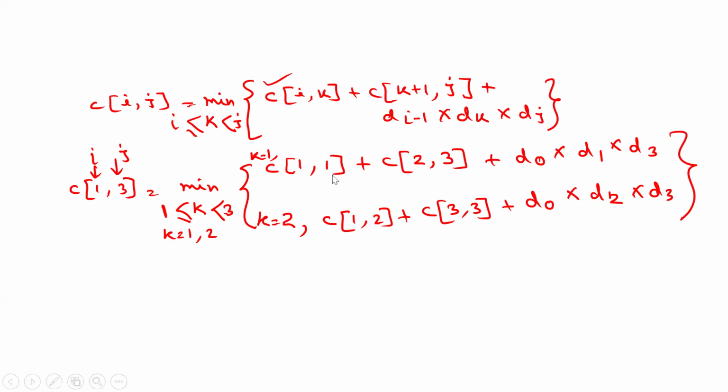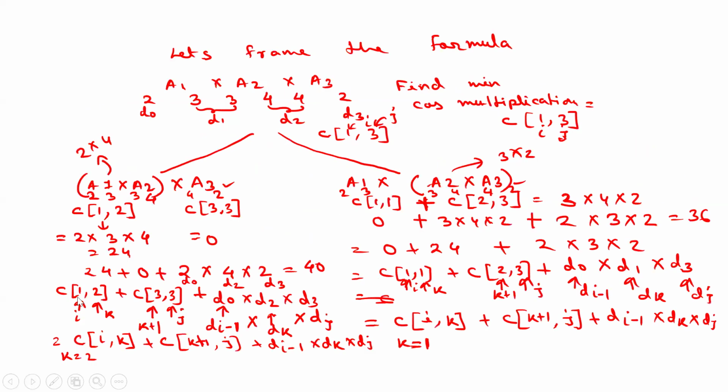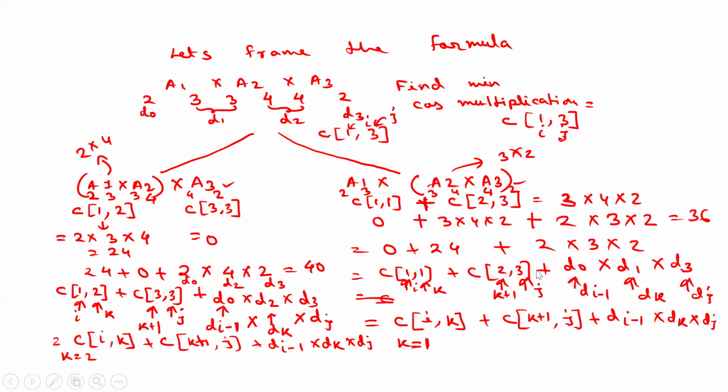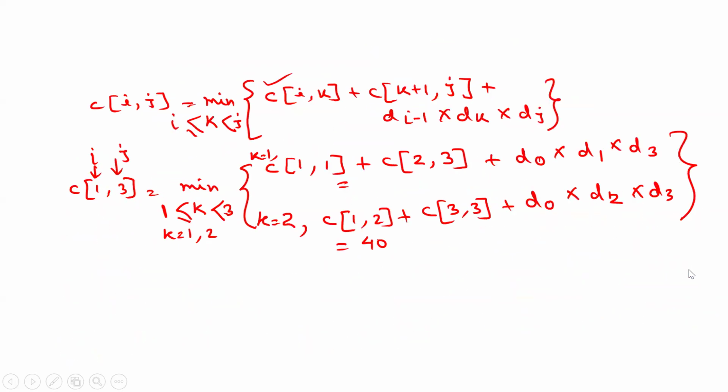Just check the formula, same. For k equals 2 the value is 40 for this example. In that case, C11 plus C23 with D0, D1, D3, the value will be 36. Which one is the minimum? 36 is the minimum. So the cost of this problem is 36.